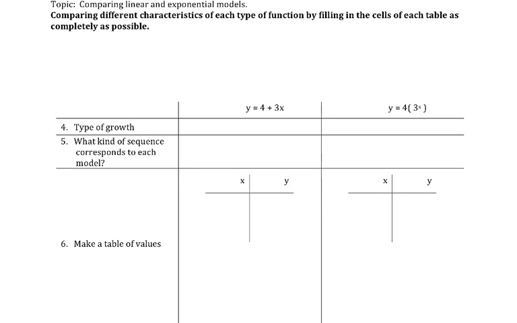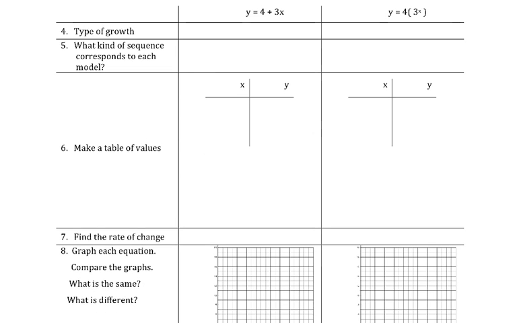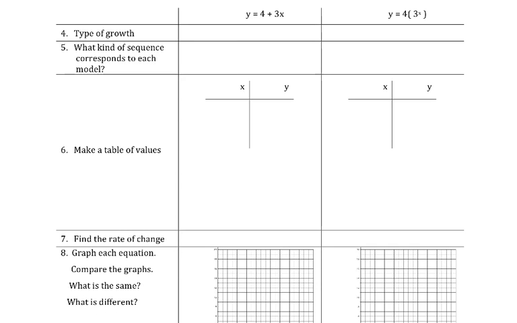Alright, now in these last ones, we want to compare the characteristics of these two types. So, on the left side, we should be able to notice we've got a plus, and then the growth is multiplied. So that's linear. We could also call it arithmetic. Okay, on the right, we've got a multiply and then a power.